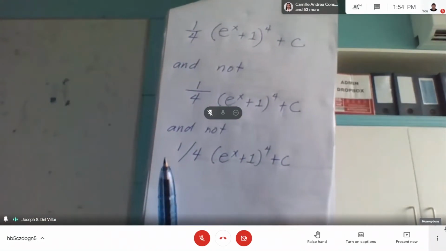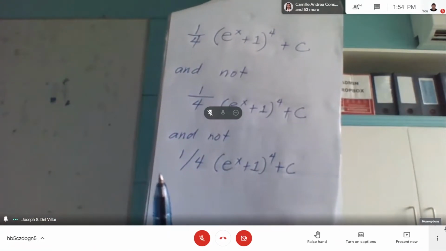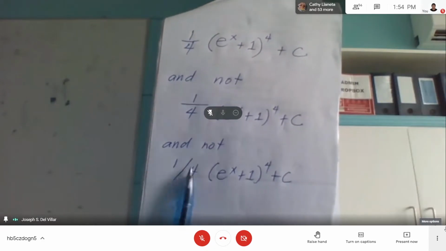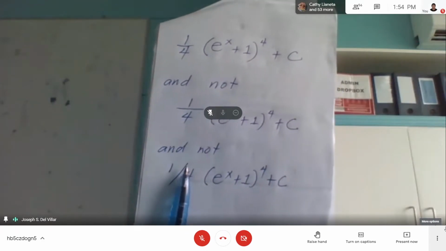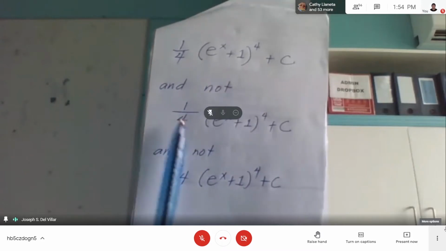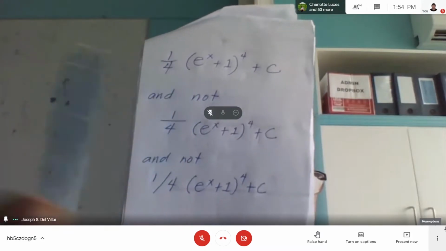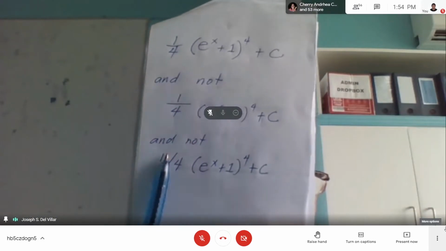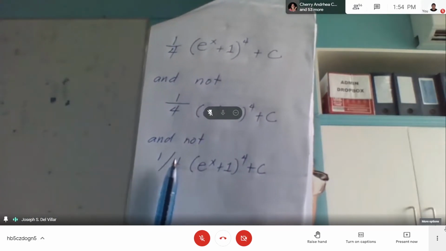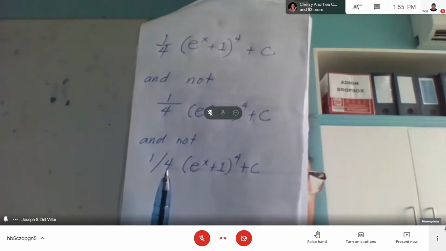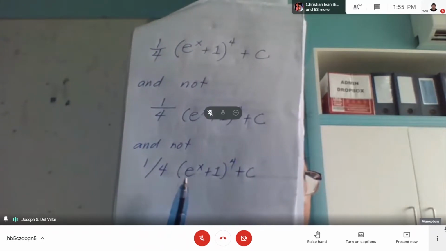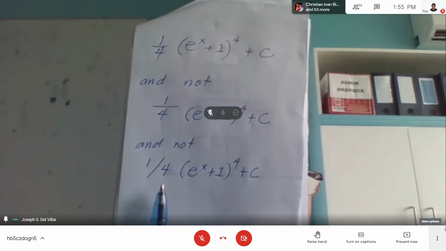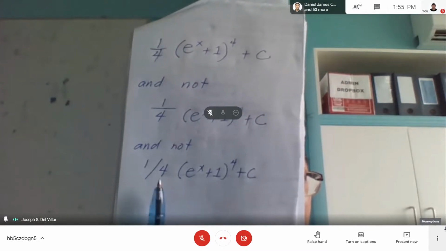And that's why I am discouraging you to use the slash. Okay? Ayoko nang gumagamit kayo ng slash. Gusto ko horizontal bar. Horizontal line. No? Kasi kapag ganito yung ginamit nyo, I'm going to interpret that as yung e to the x plus 1 raised to the fourth ay nasa baba ng 4, no?